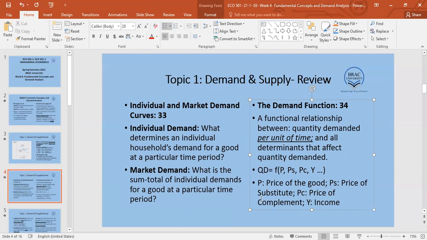Now, first of all, we start with a demand function. In the last class, or maybe in the second week, we said that we are interested in functional relationships. What are functional relationships? It's a relationship between, on your left side and your right side. On the right side is the independent variable.